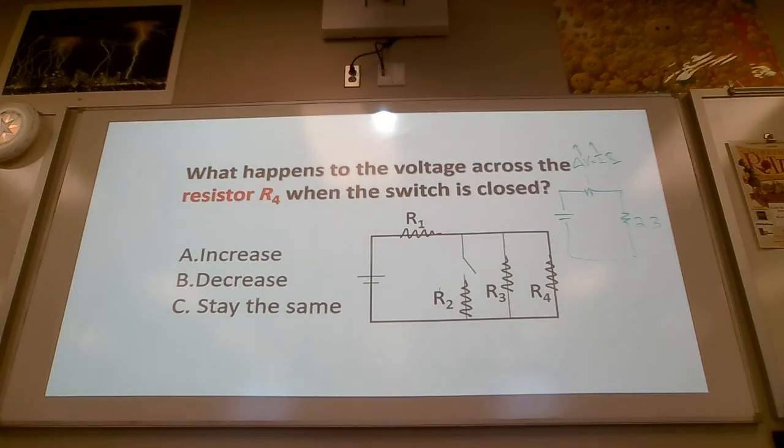Why would the current go down? It can't be much. It's either A or C.